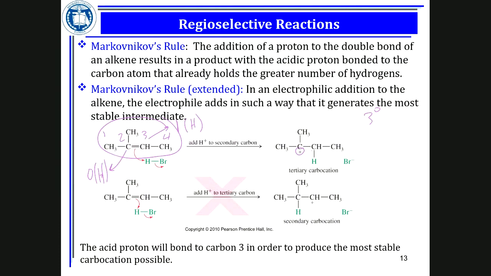It's probably tertiary or secondary, because it's attached to more carbons, not hydrogens. The carbon with the least number of hydrogens would take the Cl, or the counterpart, the nucleophile. The carbon with the greater number of hydrogens would take the hydrogen, and that is the Markovnikov rule.